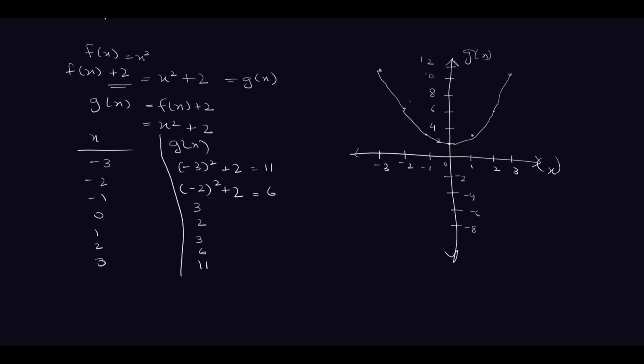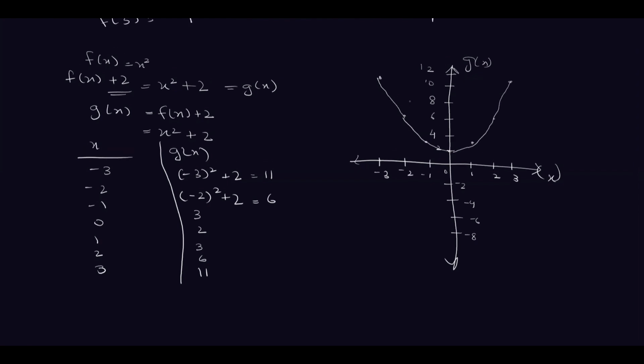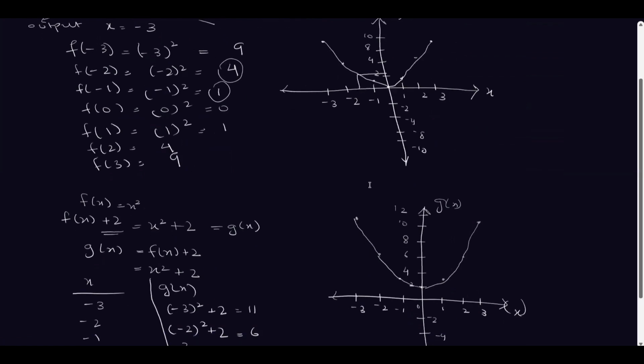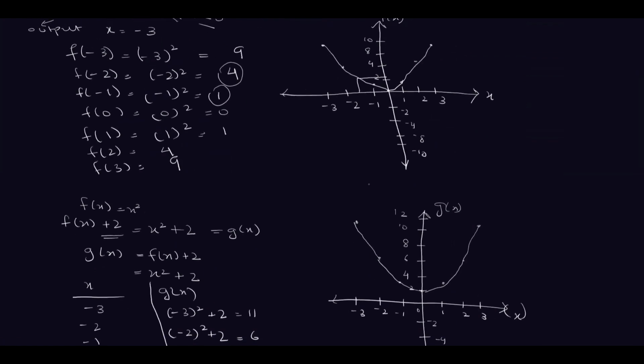And now let's compare the graph of f(x) and g(x). So what is the difference between the graph of f(x) and g(x)? The whole graph of f(x) is shifted 2 units up, right?